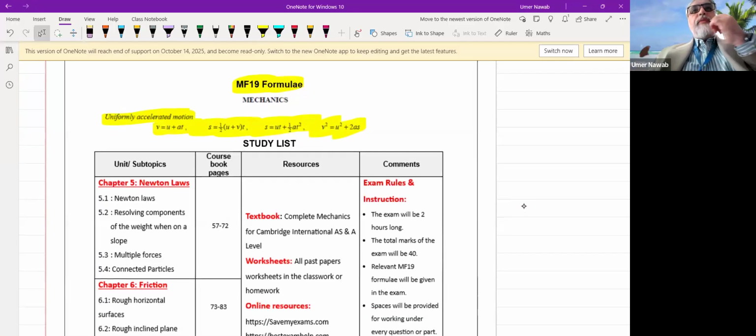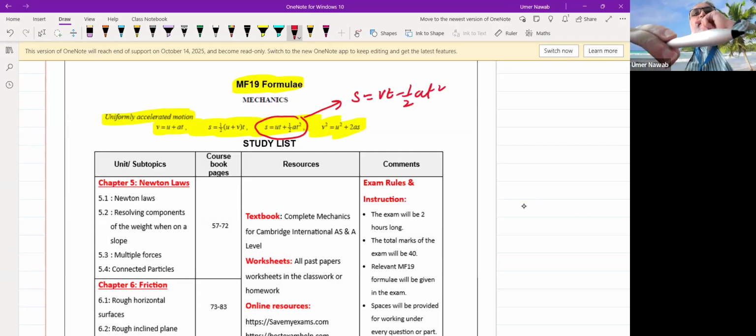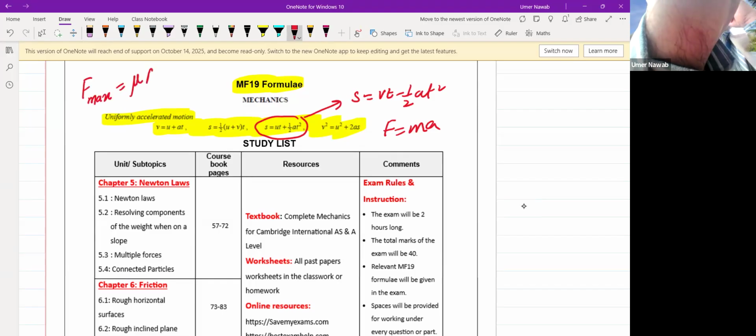The fifth equation of motion is not here, but you can write it from here. It is S equals Vt minus half At squared. F equals Ma, Newton's second law, is not provided here. And F max, the limiting friction, equals mu R. Mu is the coefficient of friction, and R is the normal reaction.